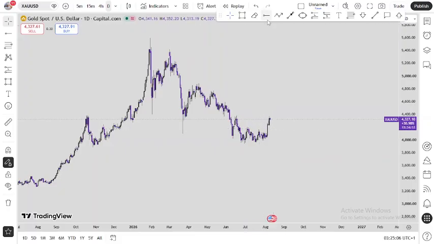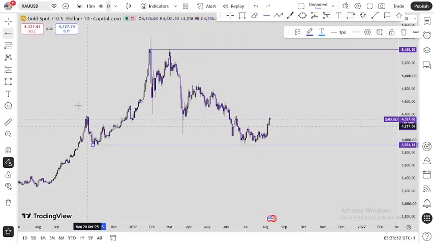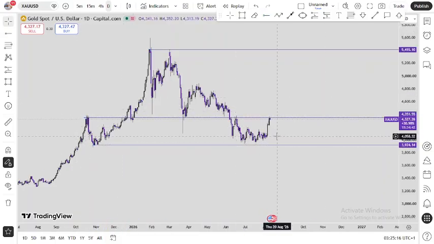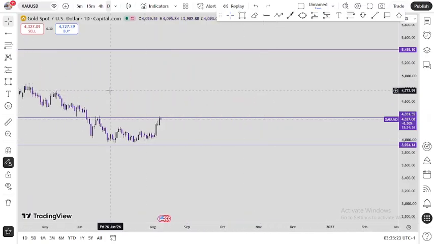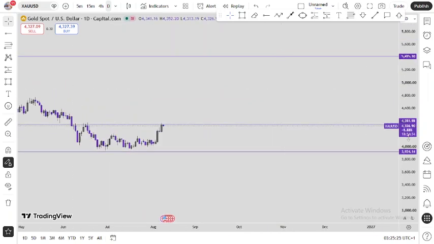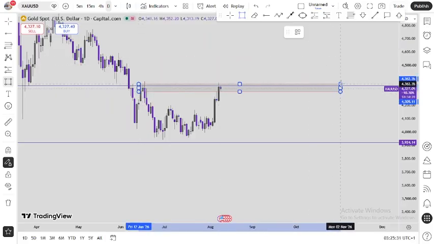So going into next week, let's mark out the major highs. Going into next week, this right here is a major daily supply area. This is a major daily supply area.